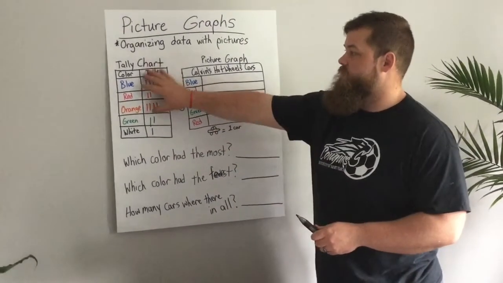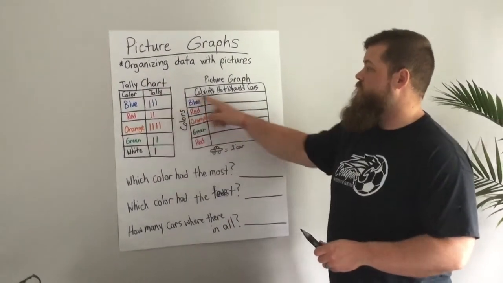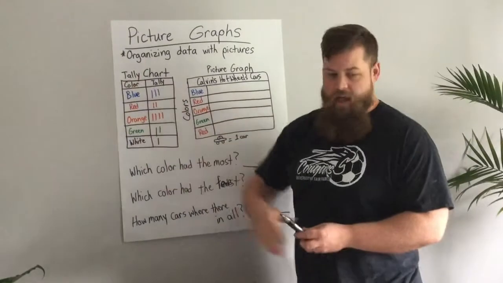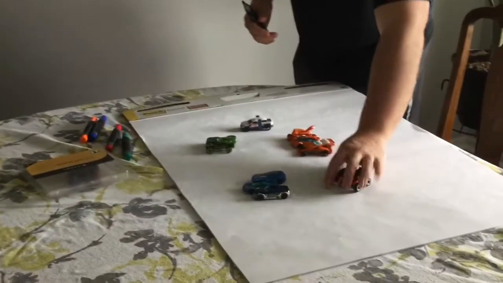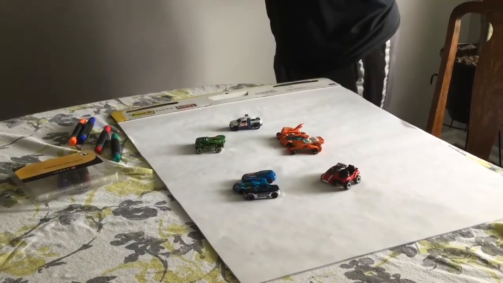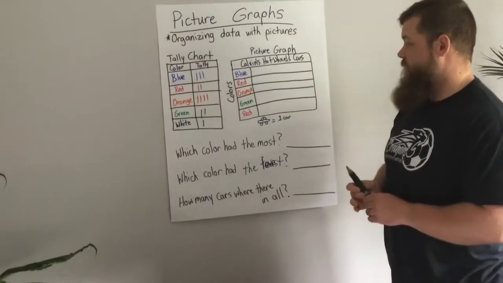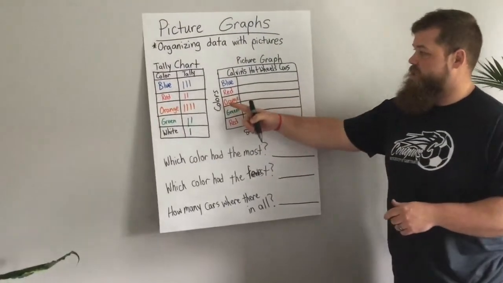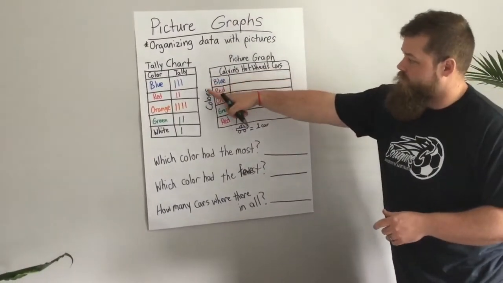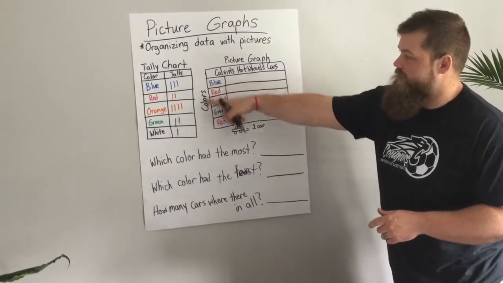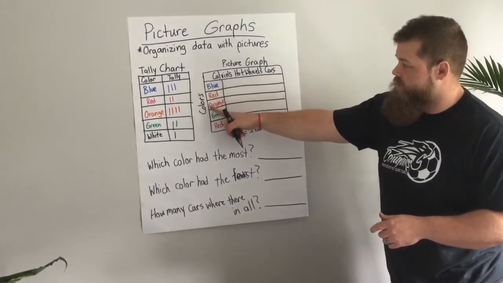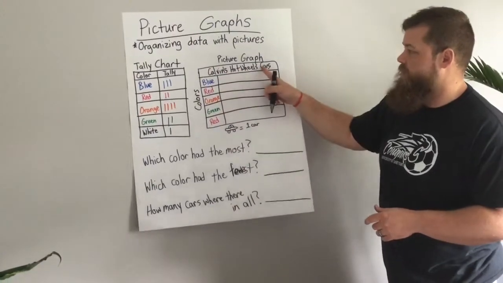So I'm going to take all my information from my tally chart and move it over here. If I didn't have my tally chart, I could even just use the cars that I have laid out here, my data that I collected here, to make my picture chart. Okay? So another thing I want you to see is I have my title, and I also have over here a label. This label tells me that these are the colors of all of Calvin's Hot Wheels cars.